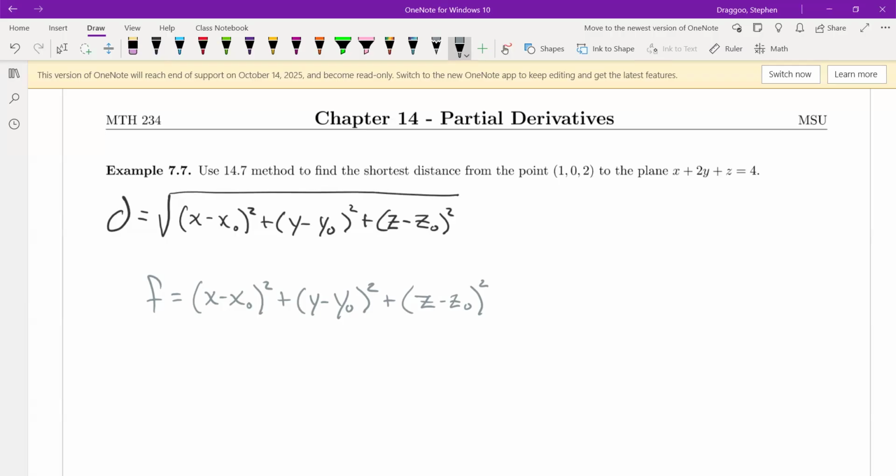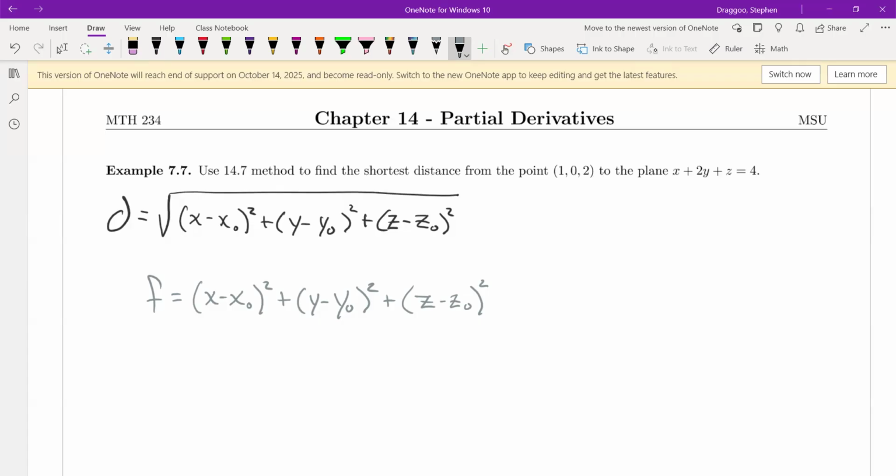The whole square root will be minimized when the thing on the inside of the square root is minimized. So I'm just going to find the local minimum of f because it's way easier. And I want to be lazy, so I'm going to just look at that function instead. That's step number one, is just ignore the square root. We'll fix it in post.